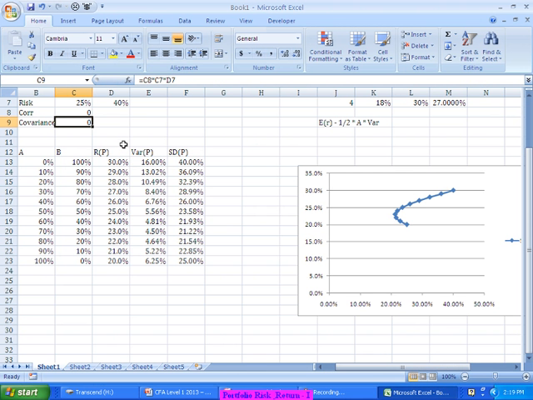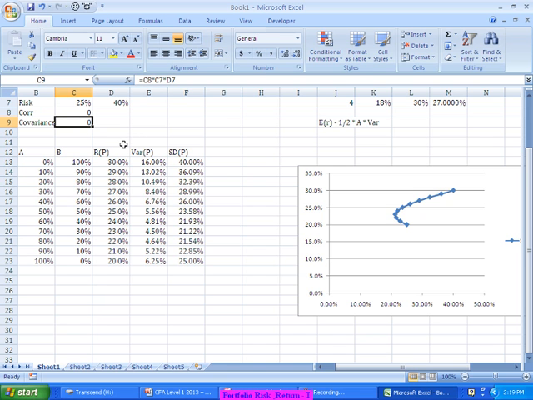Now in this graph, for each level of return, it is saying what is the minimum amount of risk you have to take. If you want 30% return, the minimum amount of risk you have to take is this point. If you want 20% return, the minimum amount of risk that needs to be taken is this.